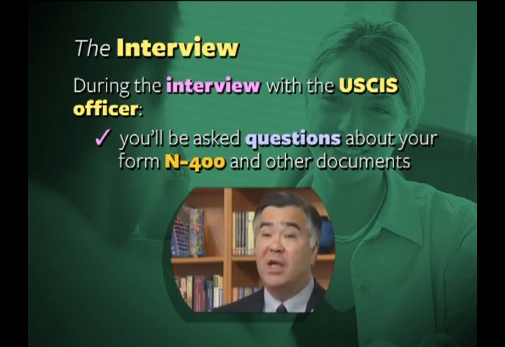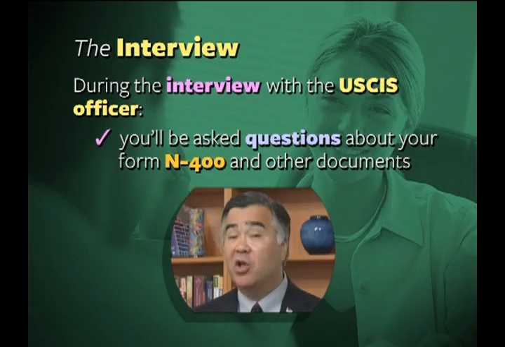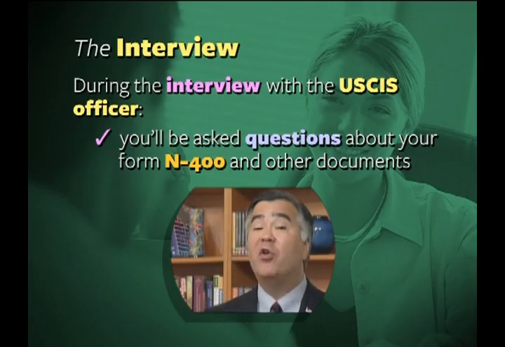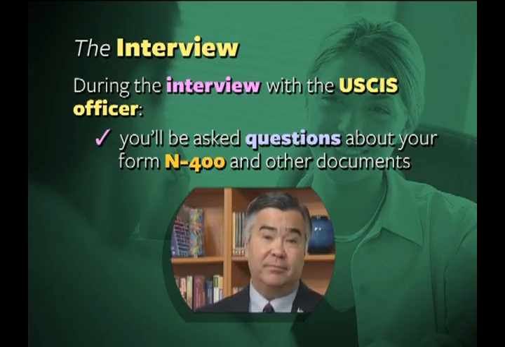Your answers to these questions will help the officer decide whether you are eligible to become a citizen. They will also help the officer decide whether or not you have good speaking skills in the English language.